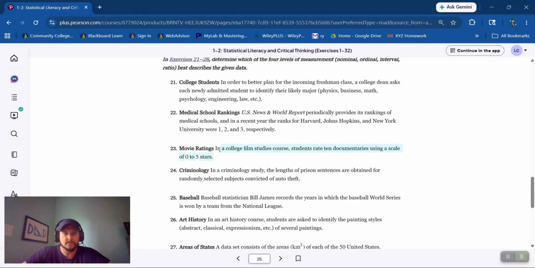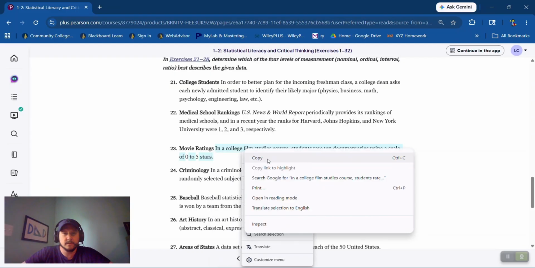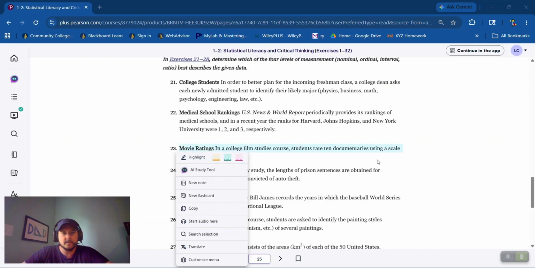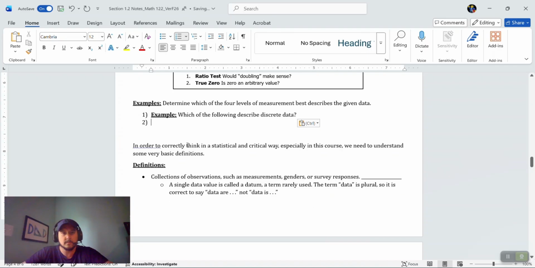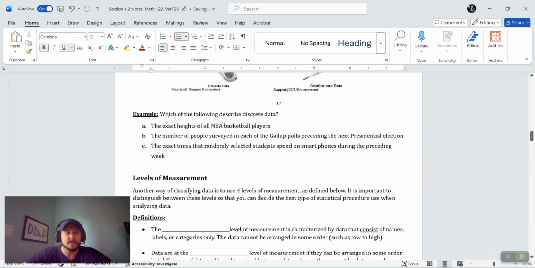Ooh, this one's cool. Movie rankings. Maybe I will keep the subject in there. I'm using numbers for these scenarios because I don't want students to confuse that with answer choices, like the letters were for this one.